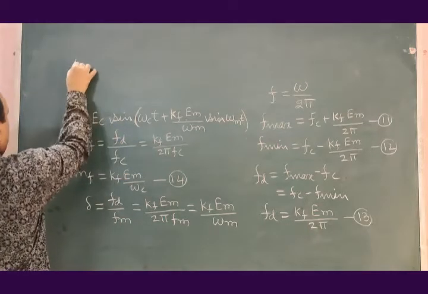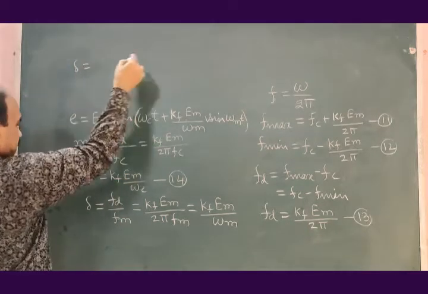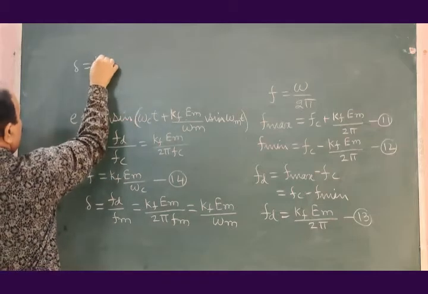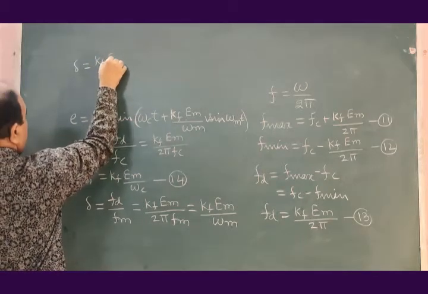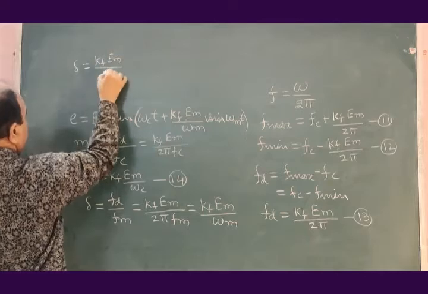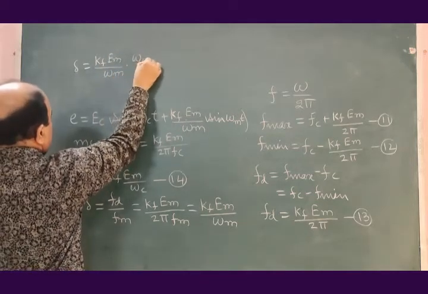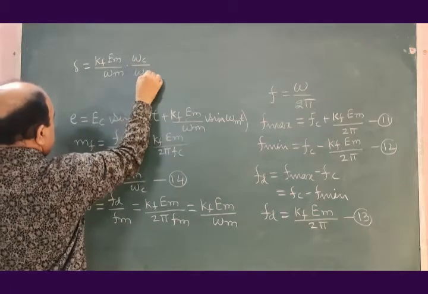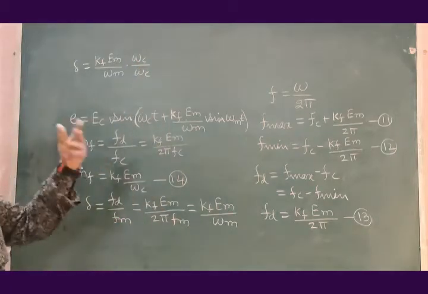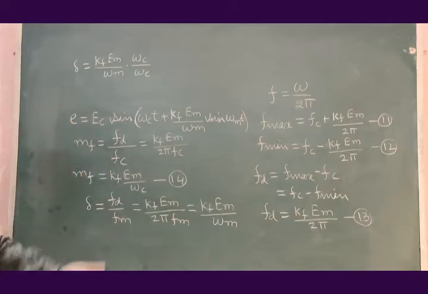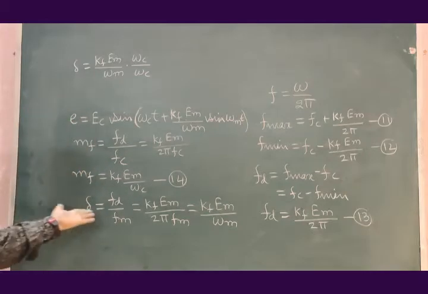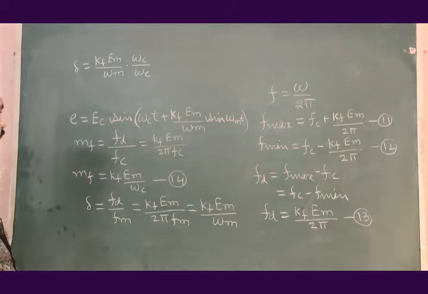Or I may further write this delta is equal to kf em divided by omega m into omega c by omega c. Omega c gets cancelled. There will be no change in the equation of delta, the frequency deviation ratio.